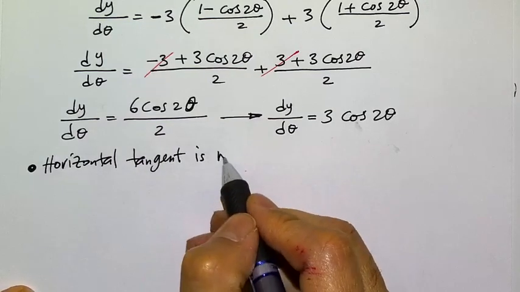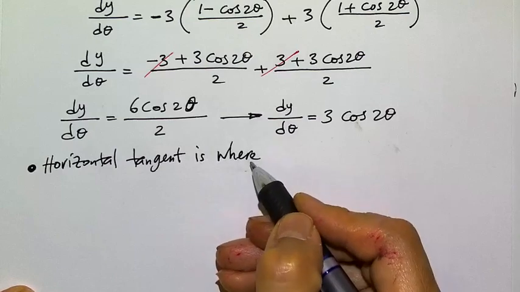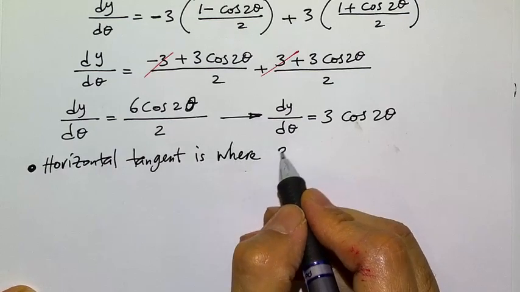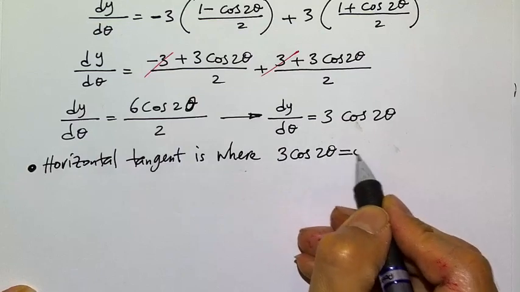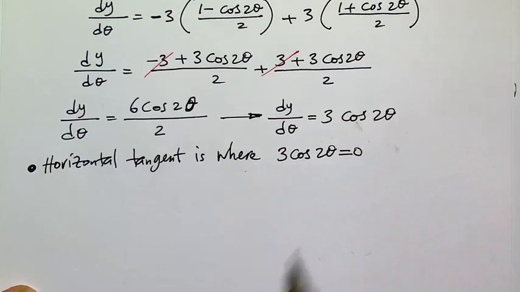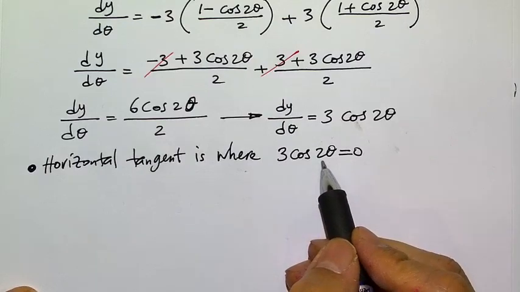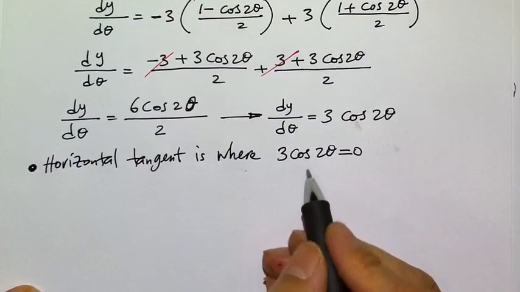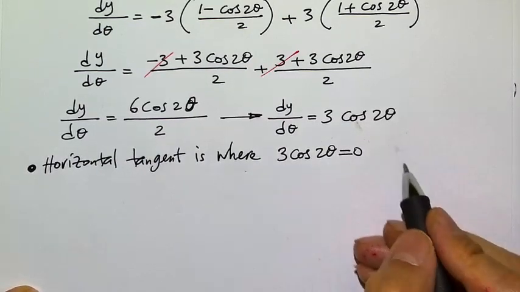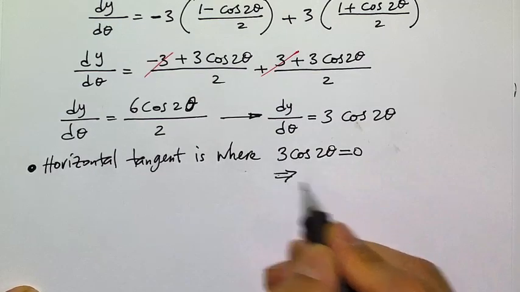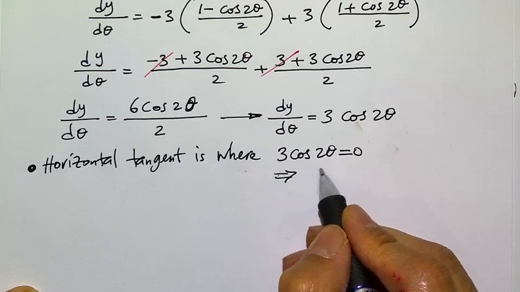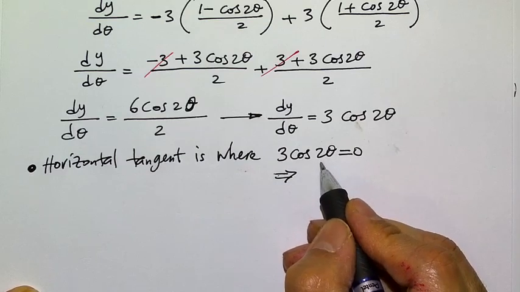Horizontal tangent is where 3 cosine 2 theta equals 0. Okay, so then cosine 2 theta is equal to 0. So this means that 2 theta must be either equal to pi over 2 or 3 pi over 2.